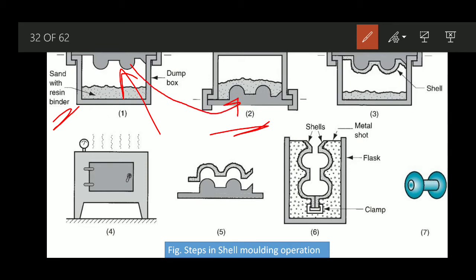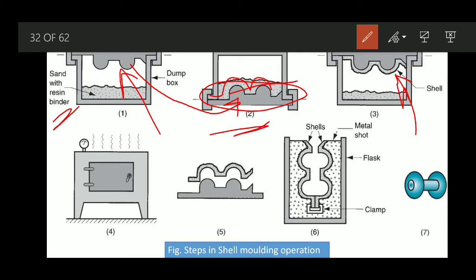Now we invert it so that the sand mixed with resin binder falls directly onto the heated surface and conforms to it. As the surface is heated, along with the resin and binder a layer of sand gets deposited here. After that we once again invert it, and now we have the shell here, which is a thin layer.